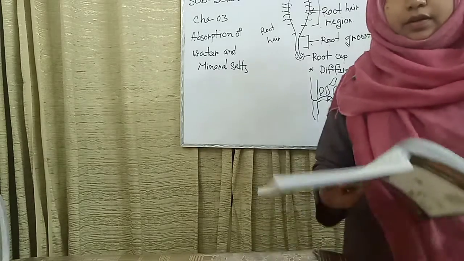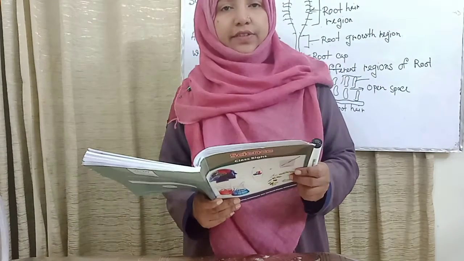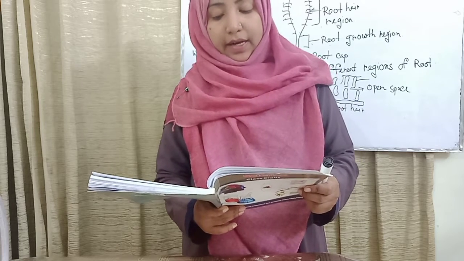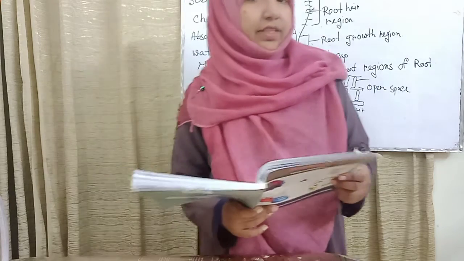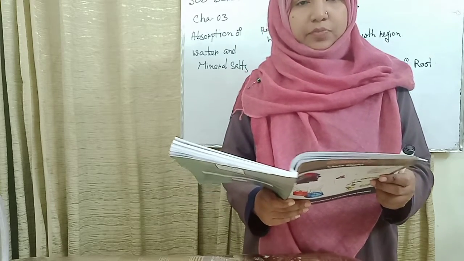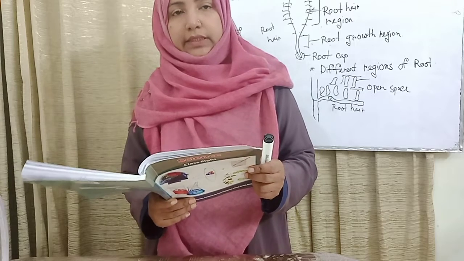Sorry for the break. Again, I will explain transpiration. Transpiration is a physiological process of plants. We learned from the earlier lesson that water is essential for different physiological work of plants. For that, plants absorb a bulk amount of water from the soil through root hairs.